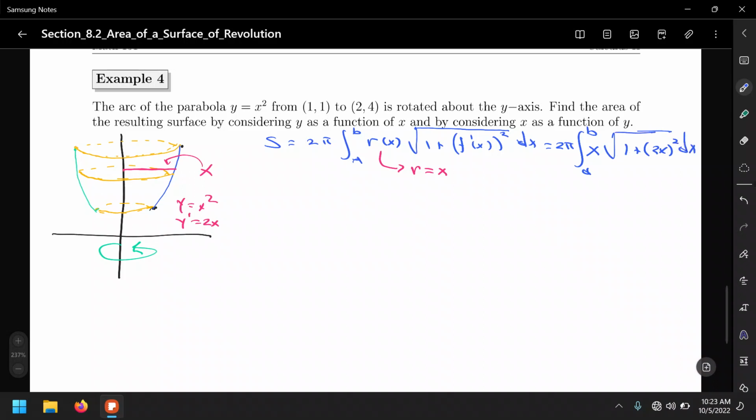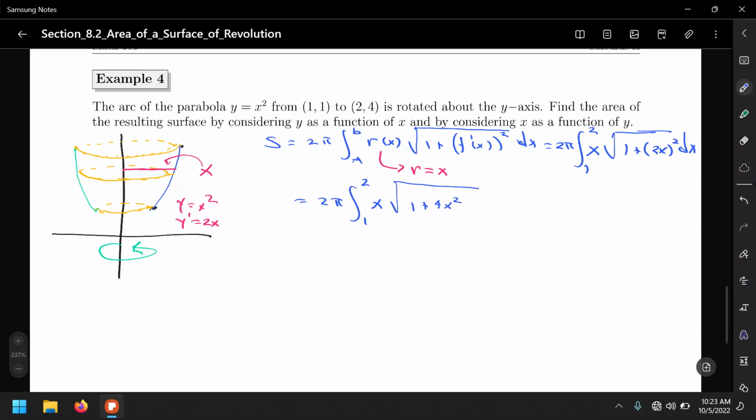And simplifying the integrand slightly, we should get 2 pi integral, in this case from 1 to 2, from 1 to 2, and that should give us x times the square root of 1 plus 4x squared.